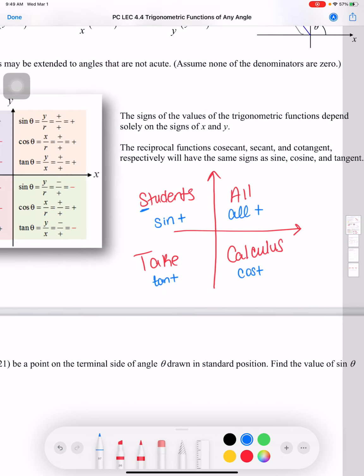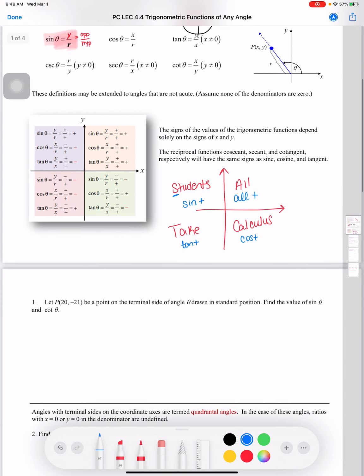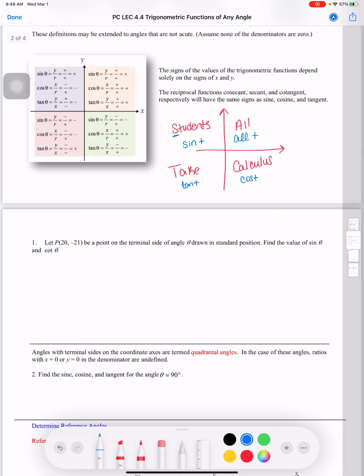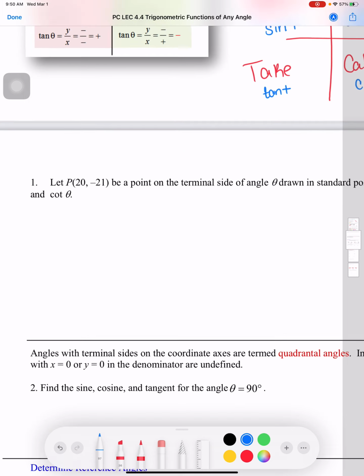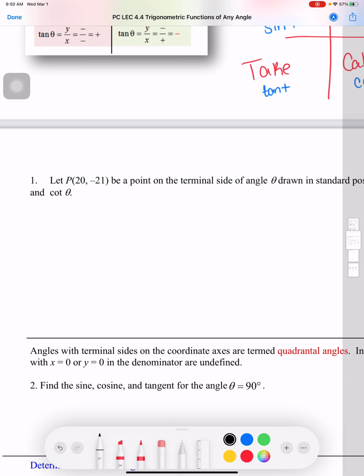But let's take this a bit further. I don't want to take too much time on notes. Let's look at example 1. It says, let the point P be at (20, -21), and let it be a point on the terminal side of angle theta, drawn in standard position. Let me zoom in just a bit and draw what it described.